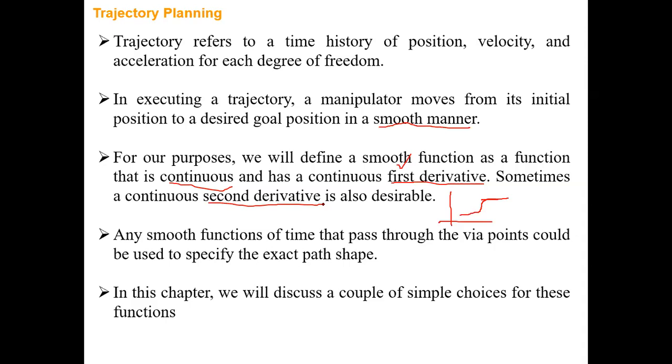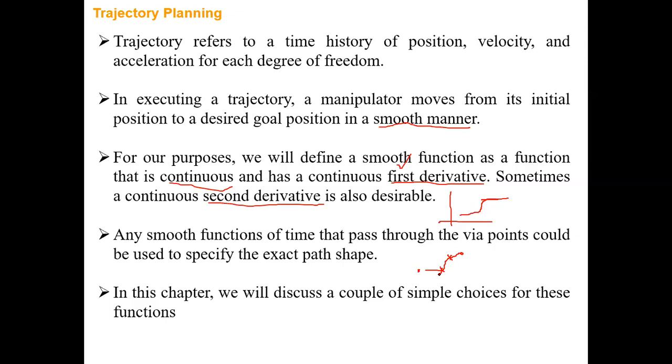When you go from the initial point to the final point, it goes through sets of via points. There are several via points in between. Maybe this is one of them, maybe this is the other one.